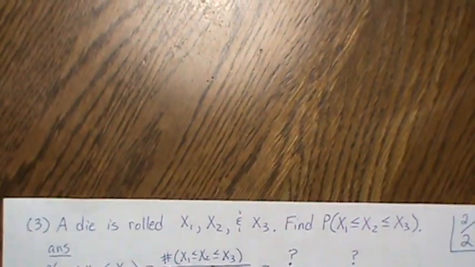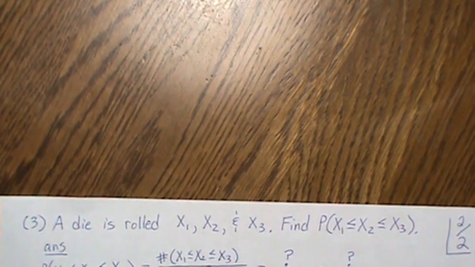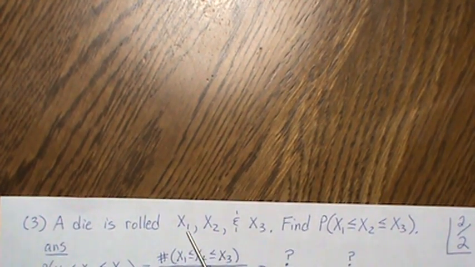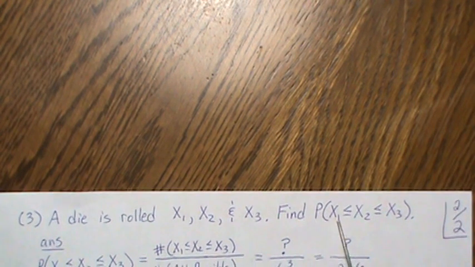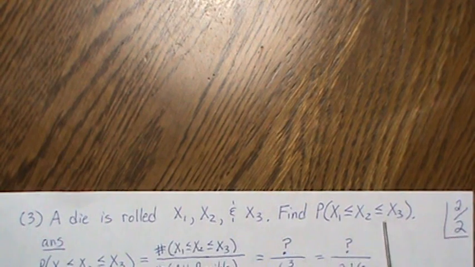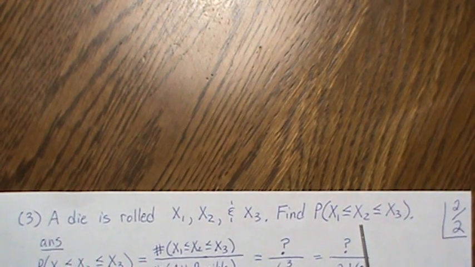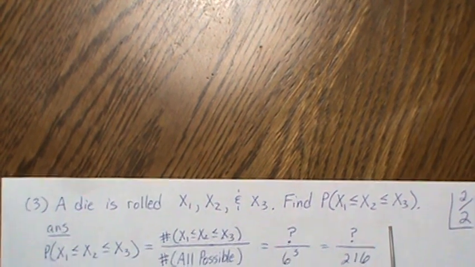Now, problem 3. A die is rolled 3 times, and the outcome is represented by x1, x2, x3. We want to find the probability of this ordering: x1 is less than or equal to x2, which is less than or equal to x3.